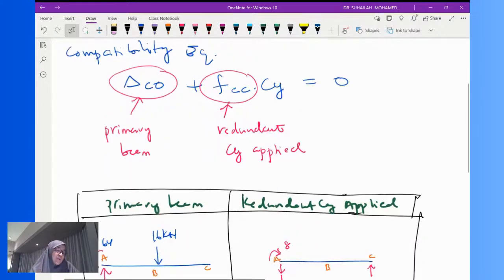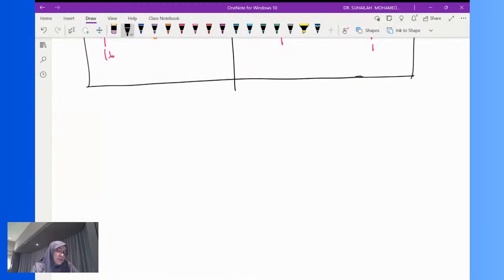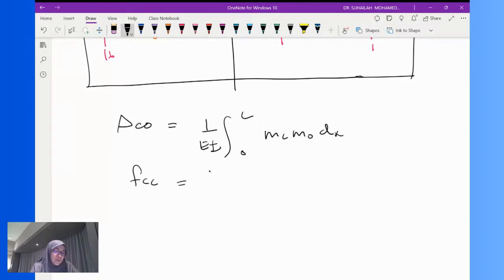The displacement formula: delta C naught is actually 1 over EI, integral from 0 to L of MC M naught dx, and FCC is equal to 1 over EI, integral from 0 to L of MC squared dx.